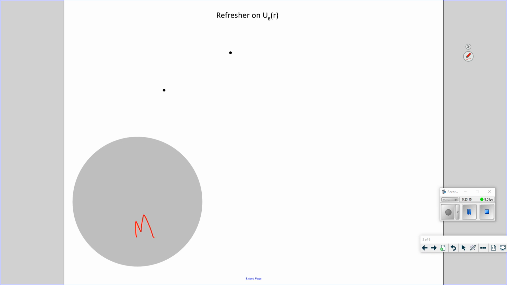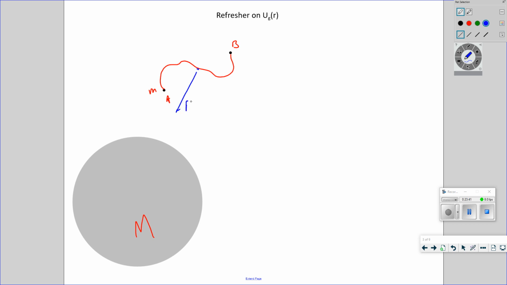Here's an object, big M. Here's little m. And little m, let's say, goes in some path from here to there. This is position A. This is position B, if you like. What we know is that at any place on this path, say right here, here's the object, there's a force Fg like that, right?